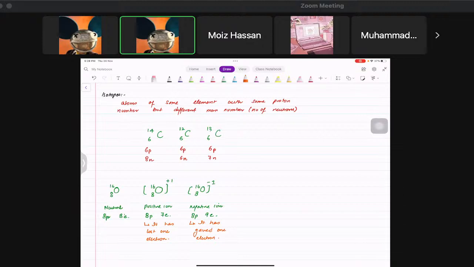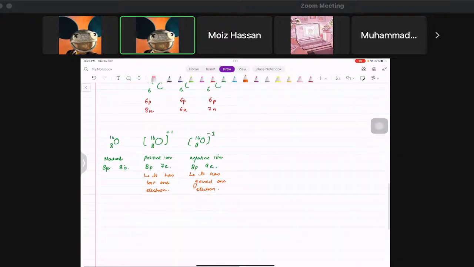Okay, now let's look at the 3 things. With respect to a proton, a neutron, and an electron, we're going to talk about the relative mass and the relative charge.